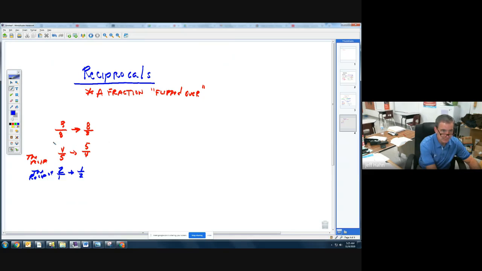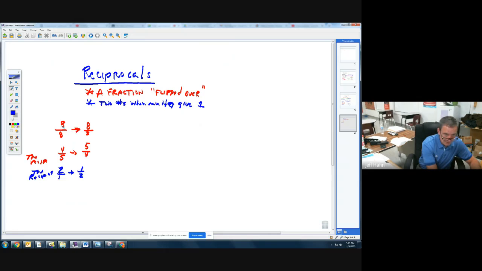Now, something that the book wants you to realize, and this is the book's definition of a reciprocal. The book says that a reciprocal is two numbers that, when multiplied, give you 1.